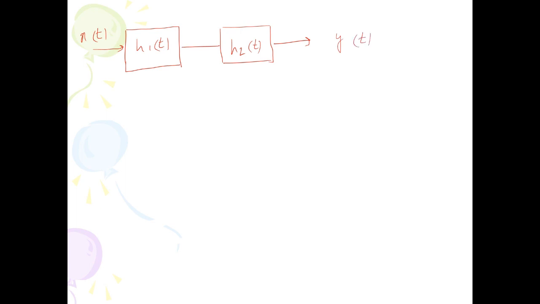Let me represent this in terms of systems. We have x of t, and another system interconnected to this. This is nothing but y of t. This is h1 of t convolution with h2 of t, so you can combine them.